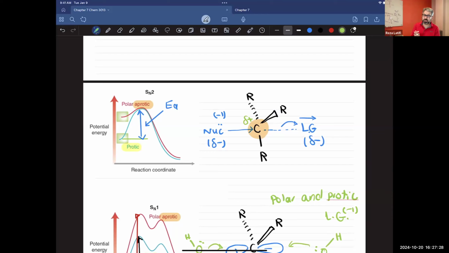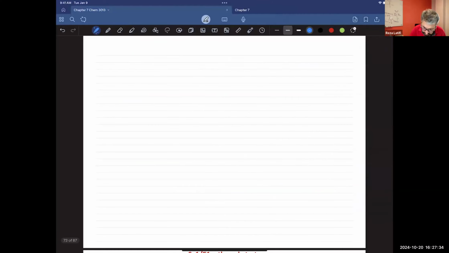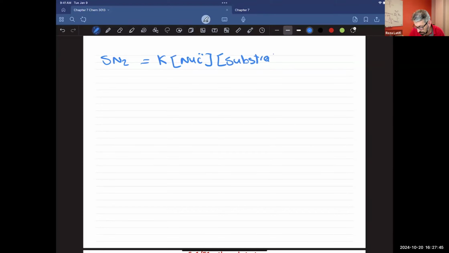Okay. Now let's talk about the nucleophile. How about the nucleophile by itself? With the SN2 reaction, we say rate equals K multiplied by the concentration of the nucleophile multiplied by the substrate, and each one to the first power.